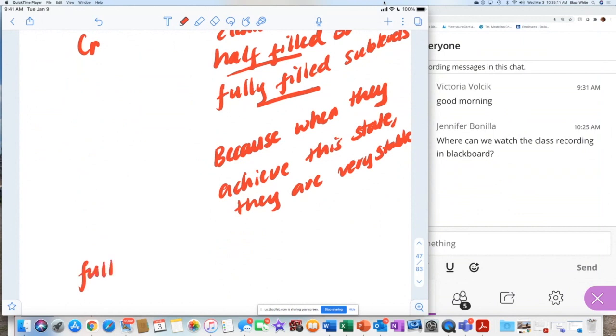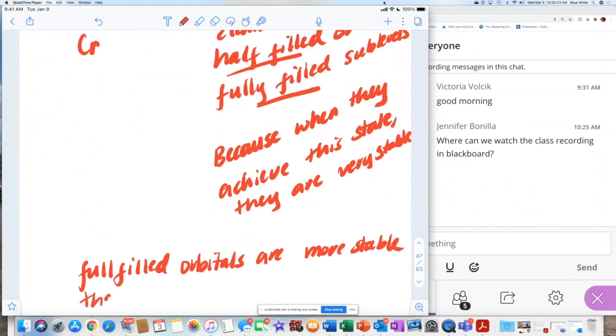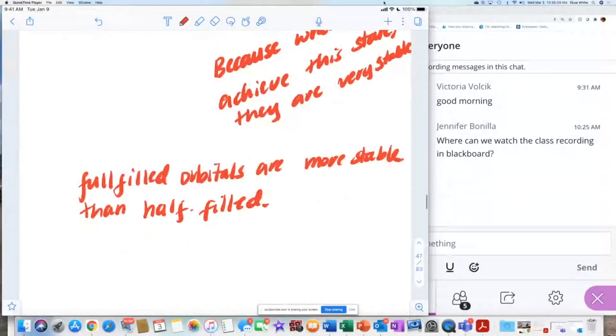So full filled orbitals are more stable than half filled. So even though both of these are preferred, right? Full filled and half filled are preferred, even in the preferential state, there is a higher state.